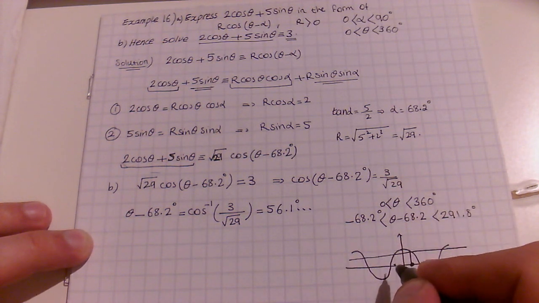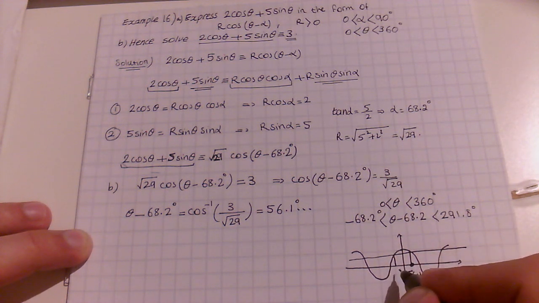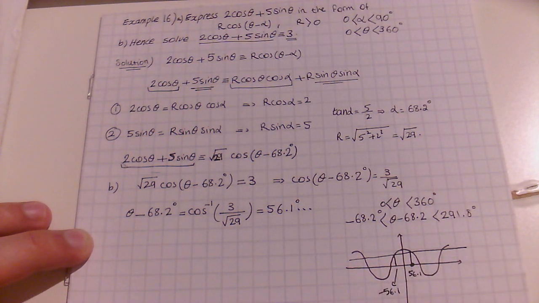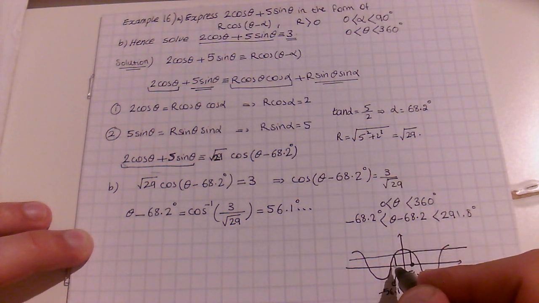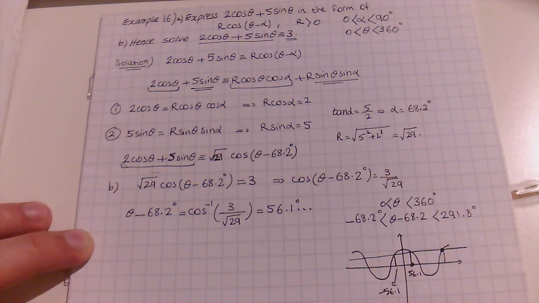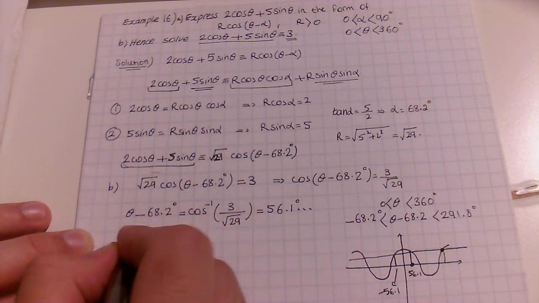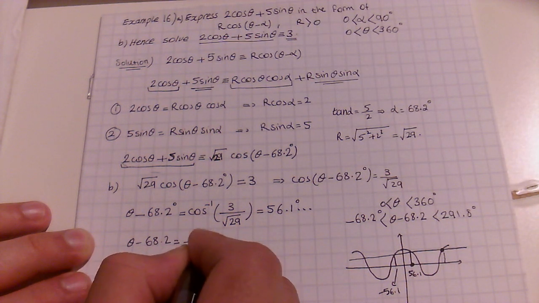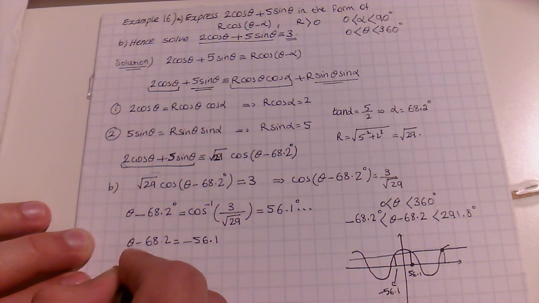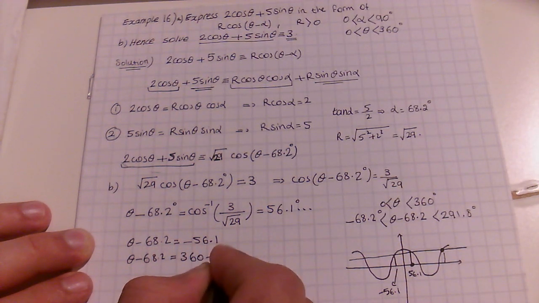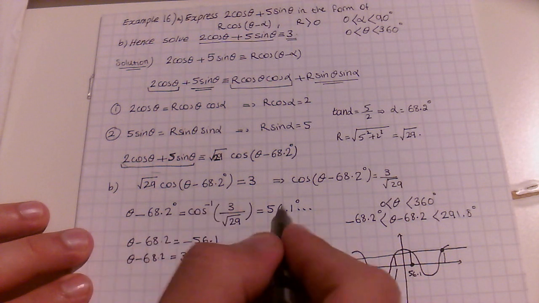It is important to know that since theta is between 0 and 360, theta minus 68.2 is between minus 68.2 and 291.8 degrees. We will look for the other solutions.